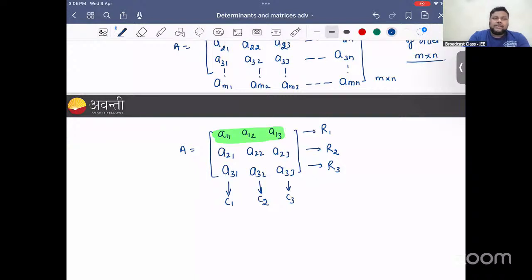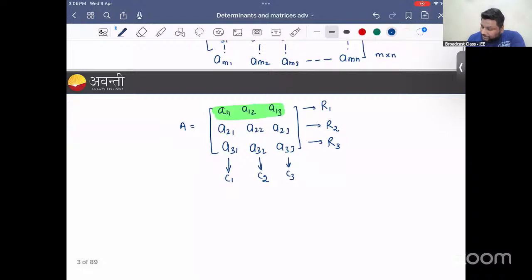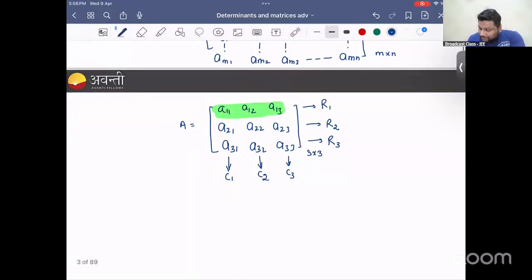Am I clear? So, column 1, column 2, and column 3. And this is what we call a matrix of order 3 by 3. Sometimes we also write it like this: A is Aij, 3 into 3.